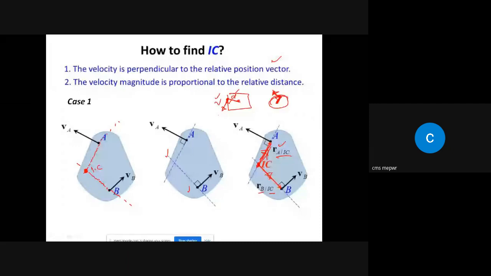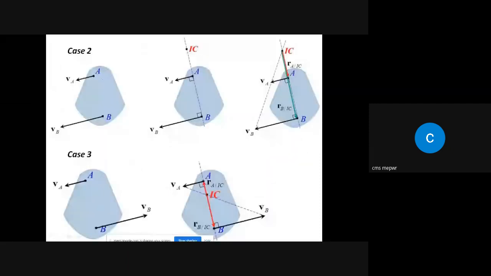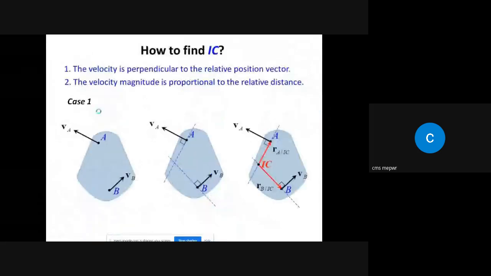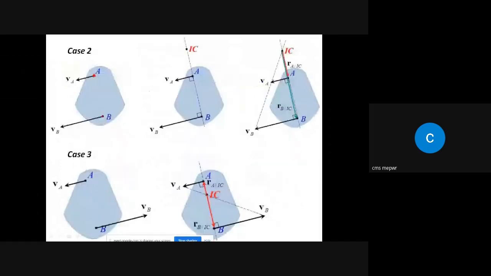Now let's consider the second case. In the previous case, both velocities were in different directions. Now, if both velocities are in the same direction, means both are parallel but their magnitudes are not equal, right?